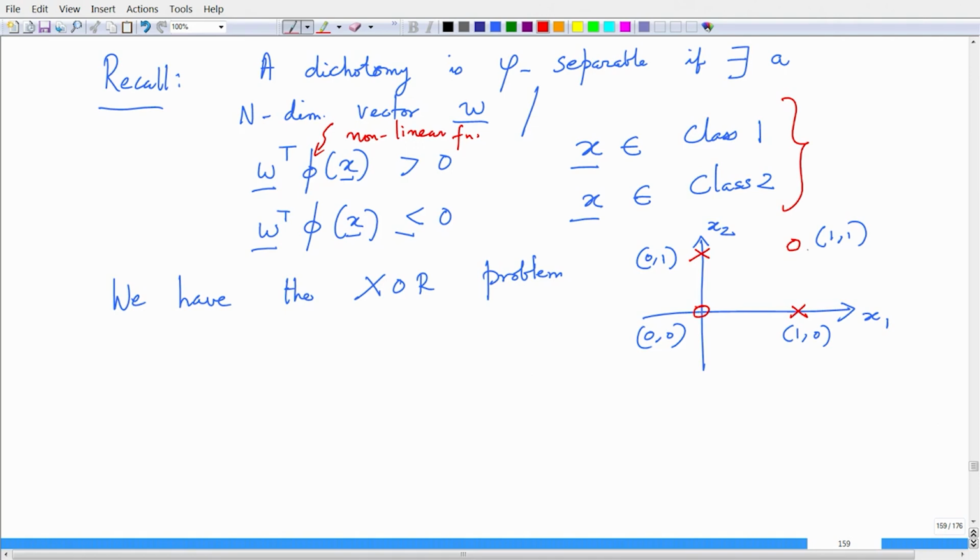The circles are with coordinates 0 0 and 1 1. 1 comma 0 lies here on the x axis, that is the cross, and then 0 1 lies on the y axis, and that is also a cross. Now, clearly the XOR problem is not linearly separable as is, because we cannot have one hyperplane that can shatter these points into 2 different classes.